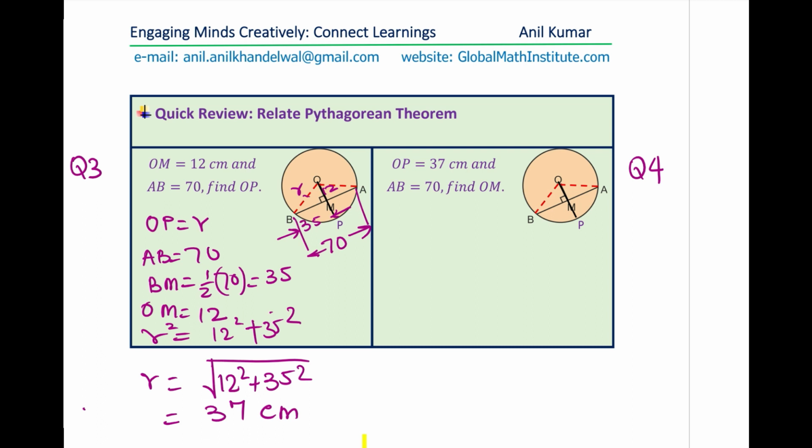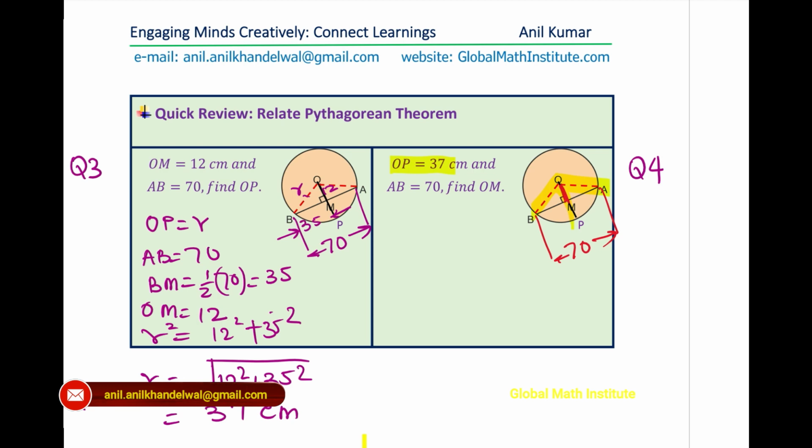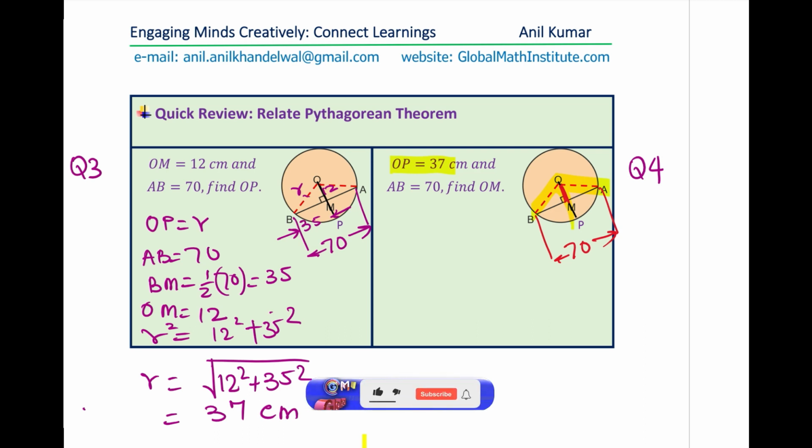This time we are given OP. So OP is given to us as 37, which is also the radius of the circle. AB is 70. So we are given A to B, which is the whole length, as 70. Find O to M. This time we have to find what OM is. Well, clearly, half of this is BM, right?